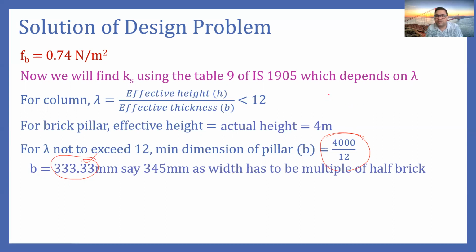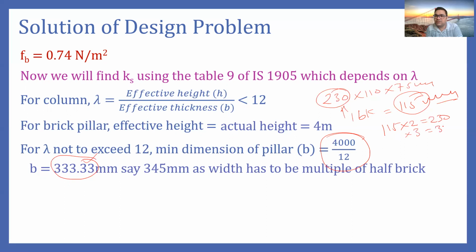In case of conventional brick, the size of the brick is 230 by 110 by 75 mm. This one length is considered as one brick, and half of this length is 115. So 115 mm is the least dimension, and the side of the column must be a multiple of 115. 115 into 2 is 230, and 115 into 3 is 345.